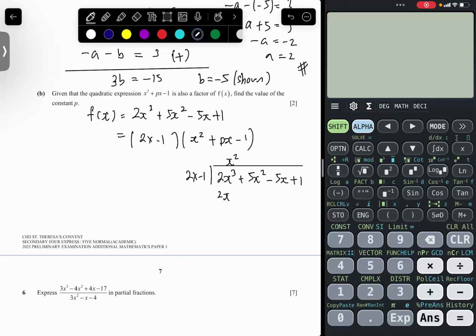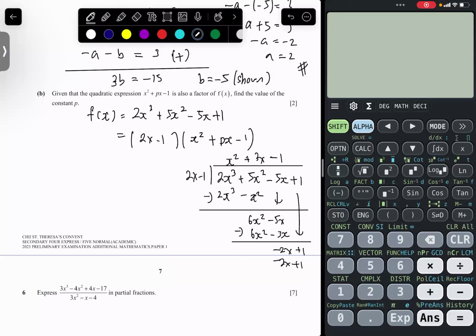So we get 2x cubed minus x squared, 5x squared minus negative x squared, 6x squared, bring down minus 5x, so plus 3x, 6x squared minus 3x, minus again, so we get negative 2x plus 1, so minus 1. Negative 2x plus 1, which fits into this, right? So therefore, by observation, p equals to 3.